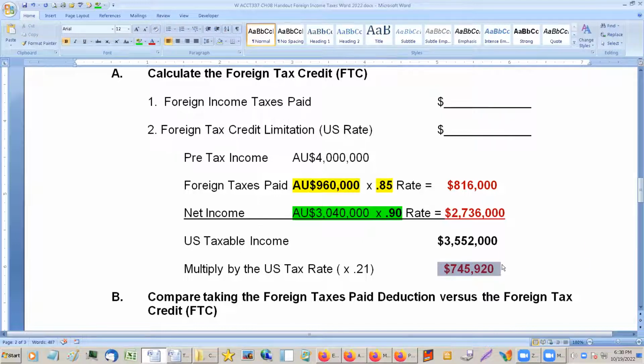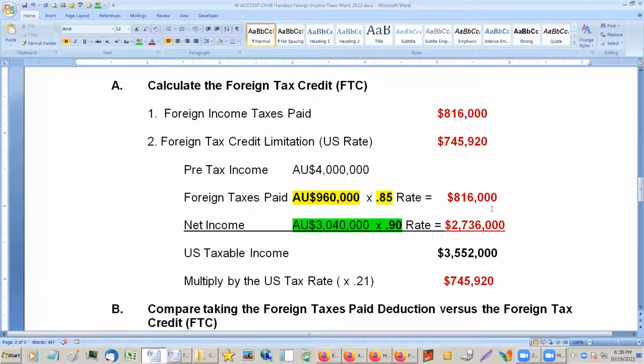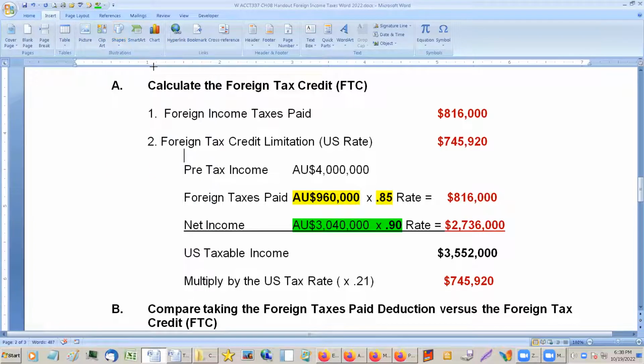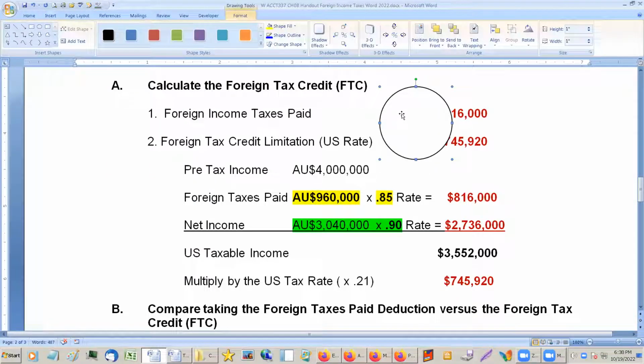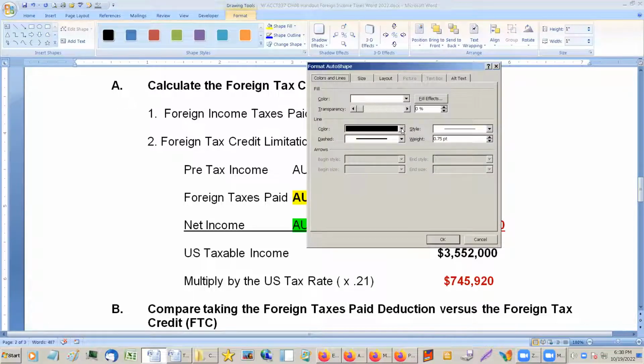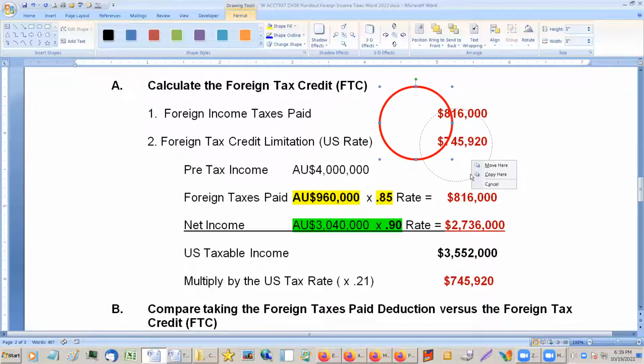Okay, so we had to pick the lower of these two. So the foreign tax credit limitation is going to be... let me make this a more reasonable size.